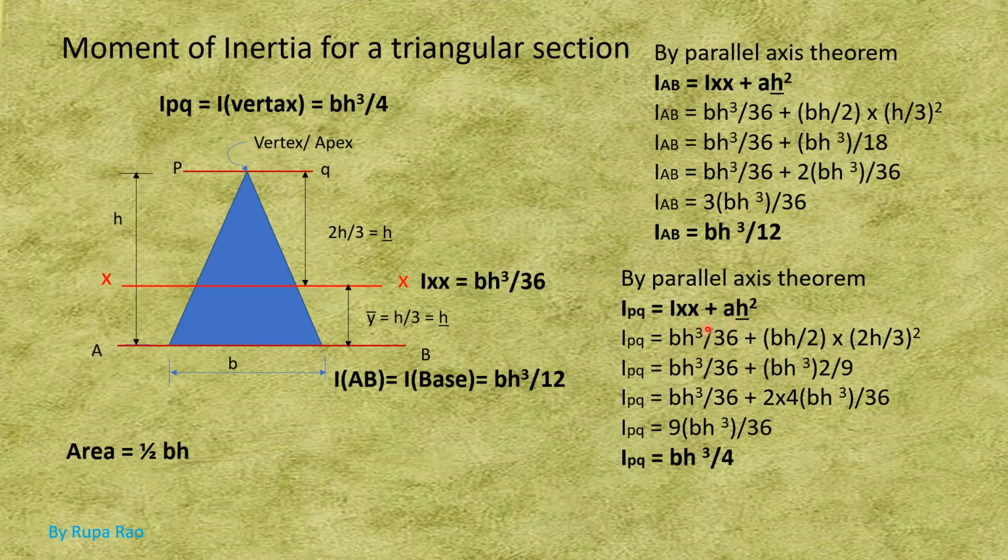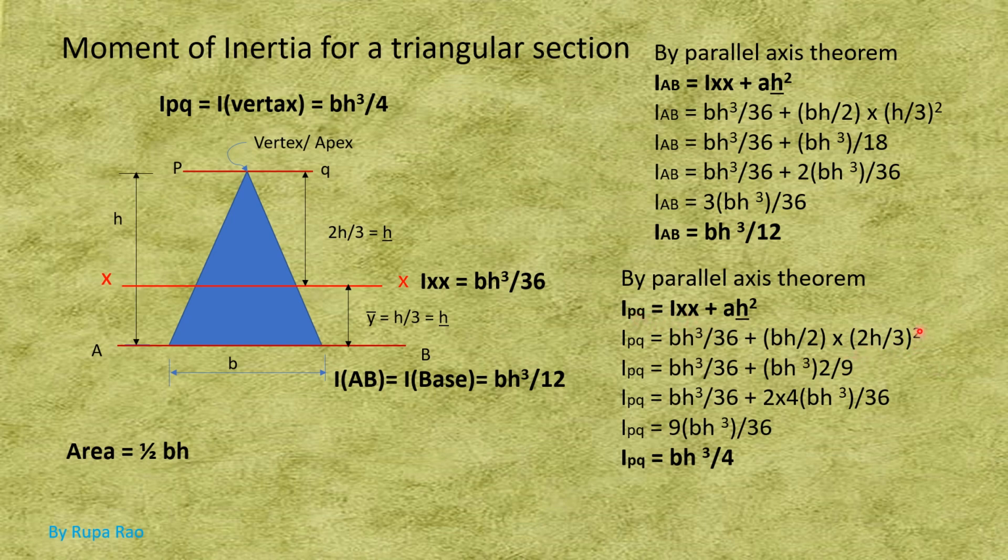It is the distance between the axis PQ and XX. The distance between this axis PQ and XX is h minus h by 3, where h by 3 is the distance from the base and h is the total height. That will become 2h by 3. So the h underlined which I have to substitute is 2h by 3, the distance between the axis PQ and XX.